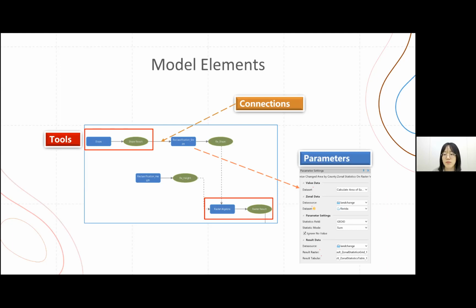You can set the data set you use as an input, and also you can set all the tool parameters, the same as what you do when you're using the tool by yourself. And also you can specify its output. Later we will draw our own tool in this software.